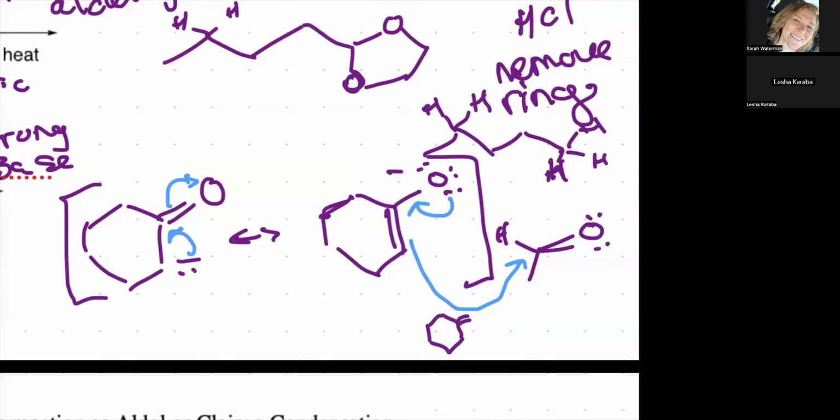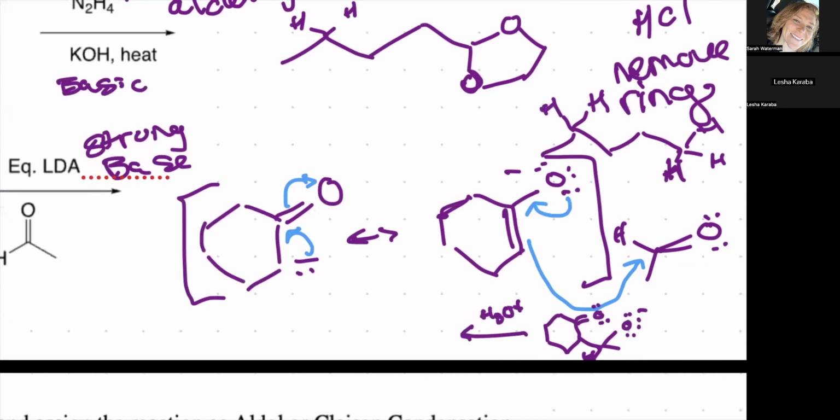We have our double bonded oxygen, then this is a hydrogen here, our methyl and our oxygen here as well. And then we do our acid workup step, H3O plus, so that we can protonate.